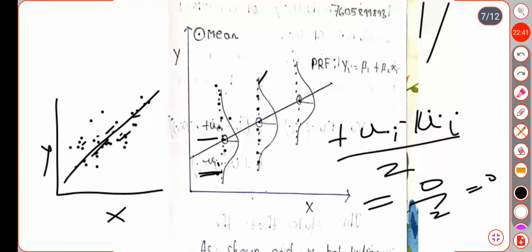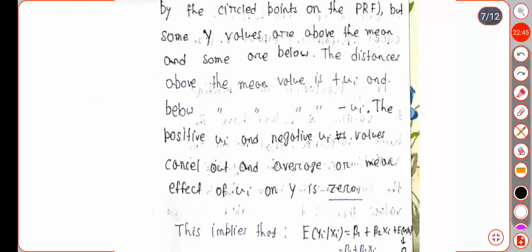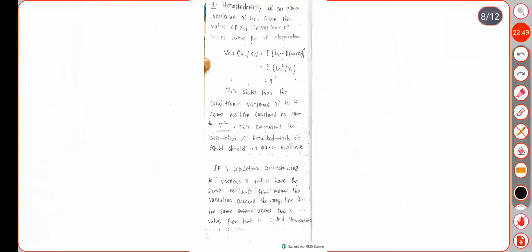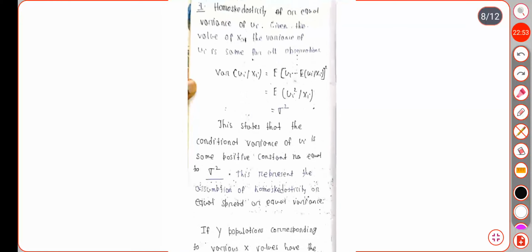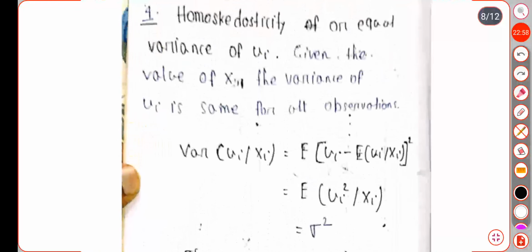Let me just check, is this the fourth assumption? You may just read it also, that will be very helpful for all of you. The fourth assumption is homoscedasticity. It is also associated with the previous figure that was shown. Homoscedasticity tells that the error term is equally spread from the best fit line.